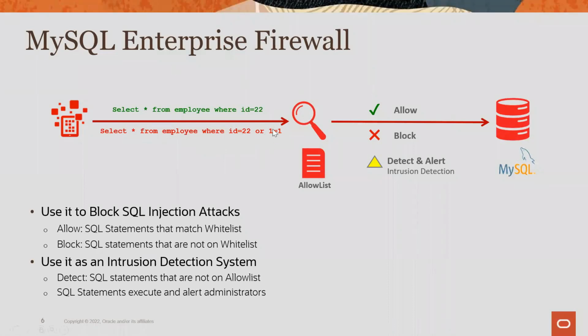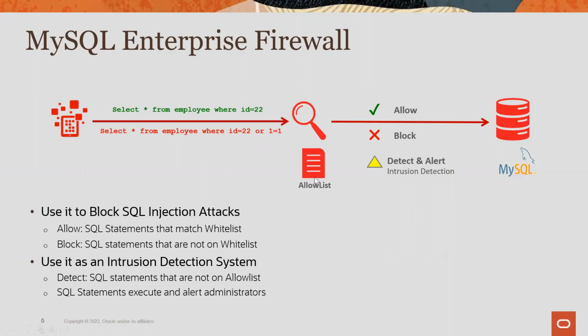So if you execute it, every single record in the database is going to come back. So if you do not have, let's say, strong input control, somebody might try to do this and steal that type of information.